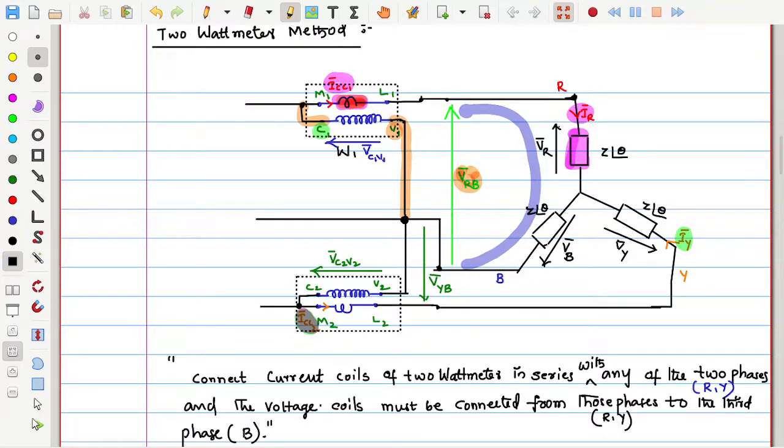Arrowhead represents positive, non-arrowhead represents negative. So plus VR minus VB is VRB. In the same way, for VYB you need to move from Y to B. Start at Y here, then move towards B like this. Plus minus, plus minus. So plus VY minus VB is VYB.